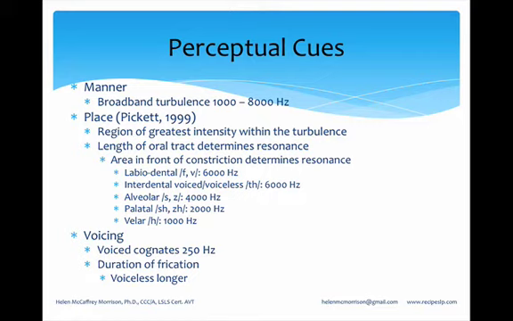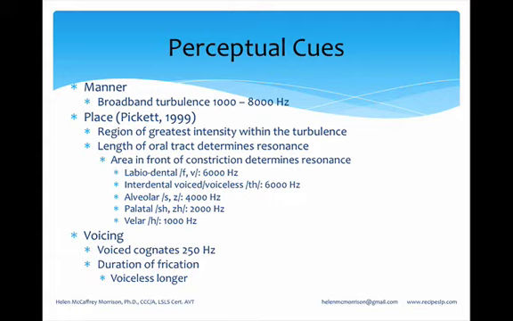There tends to be one region where there's greater intensity than others. And that region of greatest intensity in the turbulence is associated with place of articulation, where the tongue or the lips are creating this constriction.